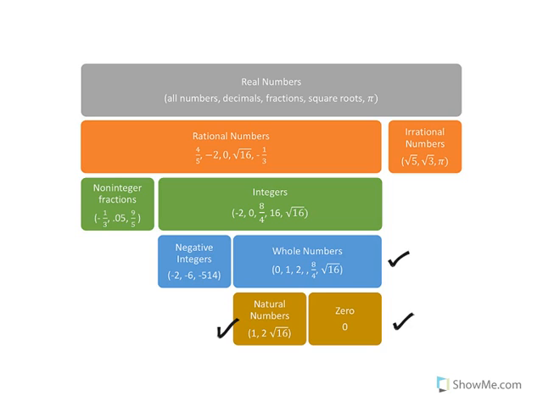And the whole numbers will be 0, 1, 2, 8 over 4, which is equal to 2, the square root of 16, which is equal to 4. And then we have the opposite of whole numbers, negative 2, negative 6, negative 5, 1, 4, and those together are going to equal the integers. Integers would be whole numbers or counting numbers plus 0 and their opposites.